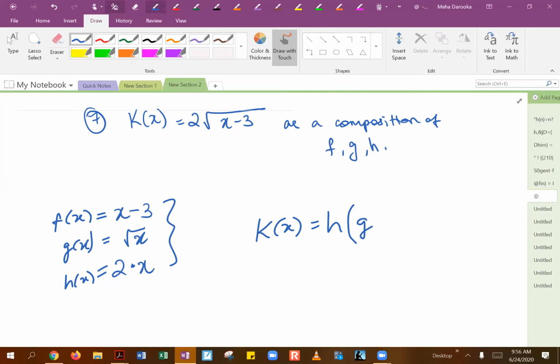And the very first thing that we are going to do to the x is subtract 3, which means that f of x has to be our innermost function. So that means the order you are looking at is h of g of f for defining our k of x function.